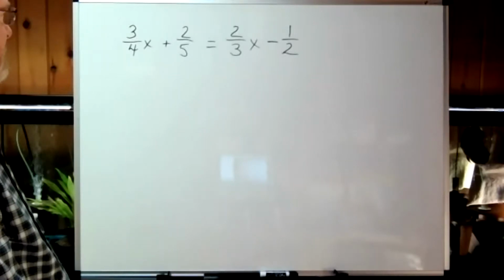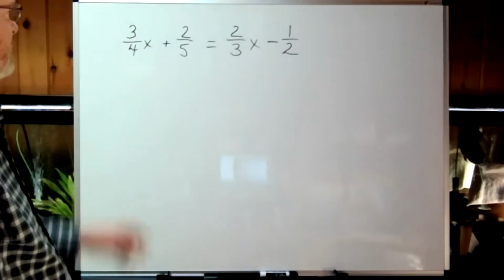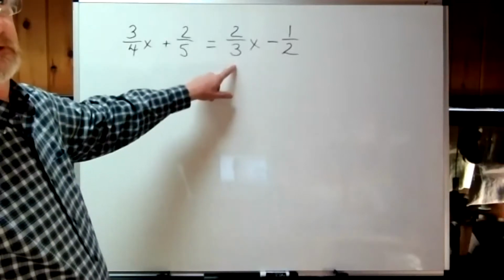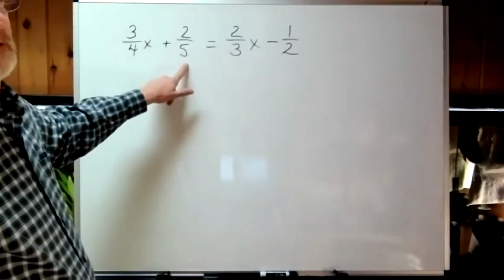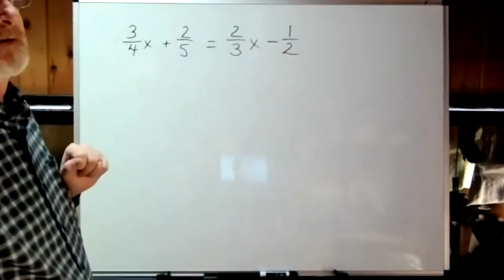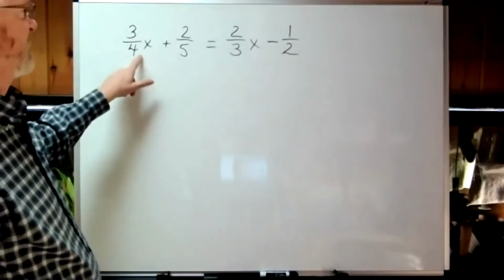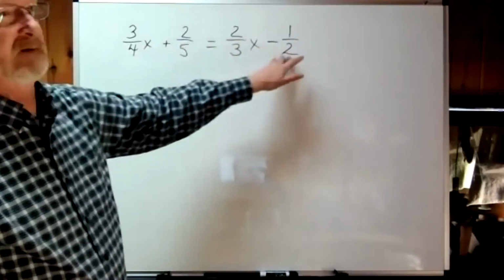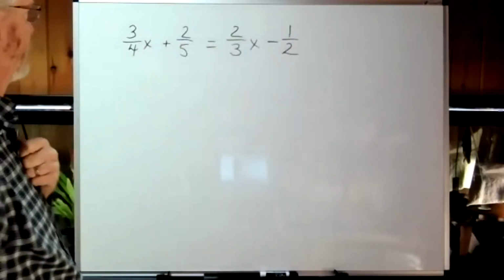Look at all those different numbers. Well, 3 is a prime number. You're going to need a 3. 5 is a prime number. You're going to need a 5. Well, the 2 would fit into the 4. So if you use a 4, that'll also take care of the 2 you would need.